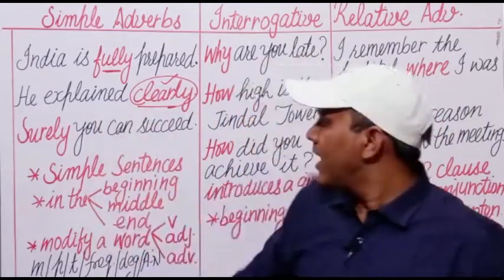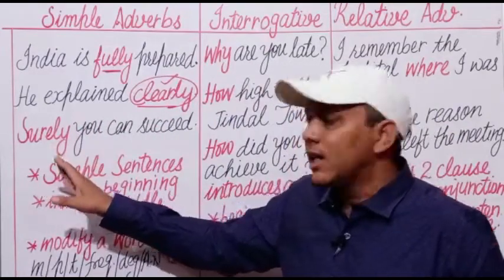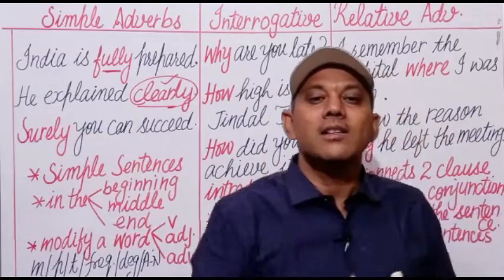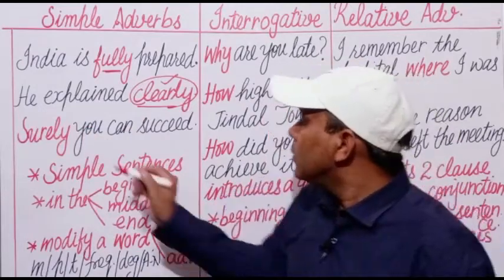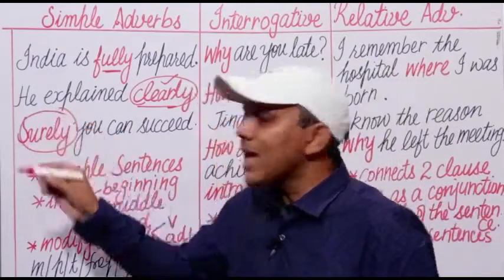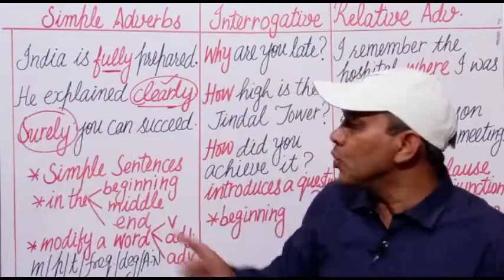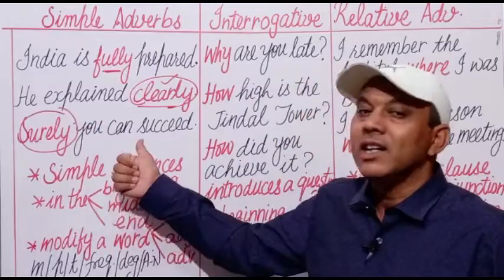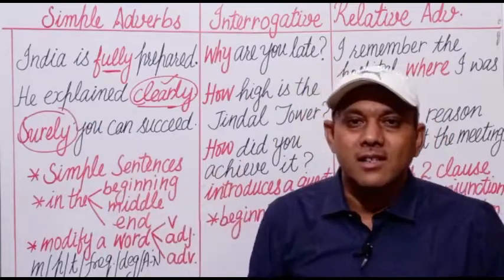Next is surely you can succeed, or surely you will succeed. Here this word, which is an adverb, is used in the beginning of the sentence, and it is a simple sentence.